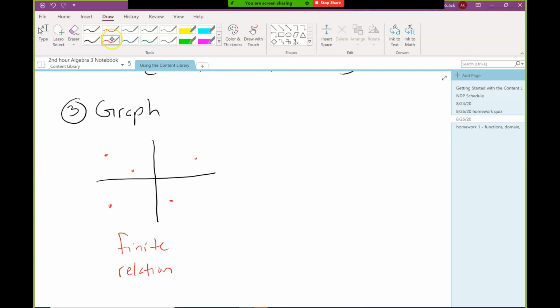So if we have a finite relation, our graph would just look like some points, right? But there would be discrete points. So individual points just scattered around.